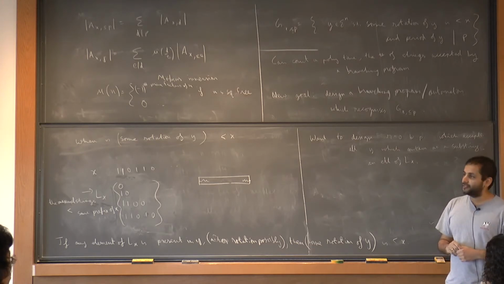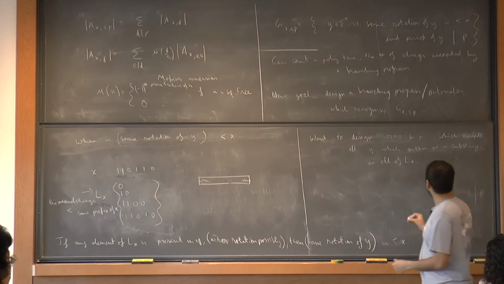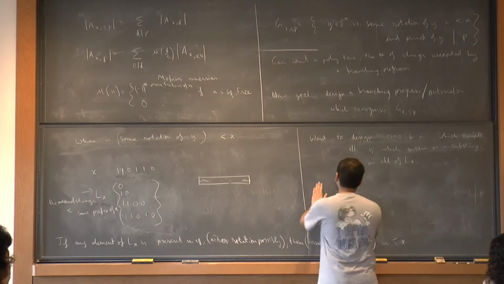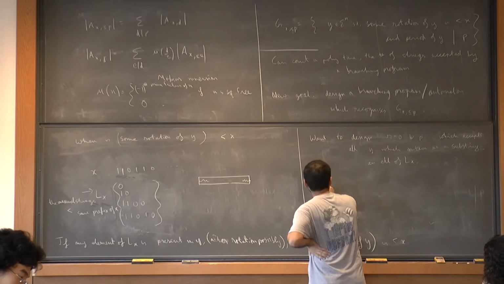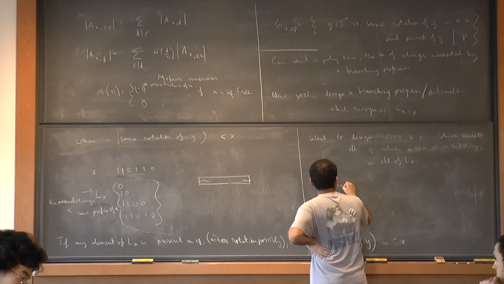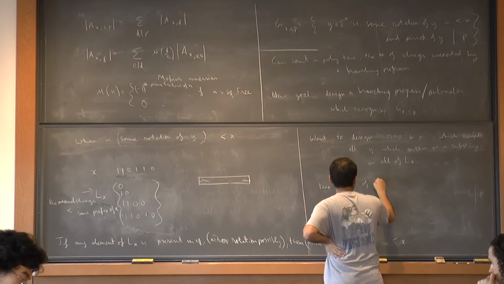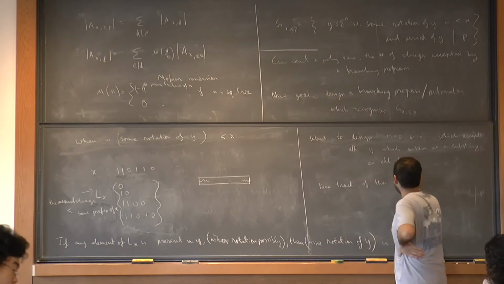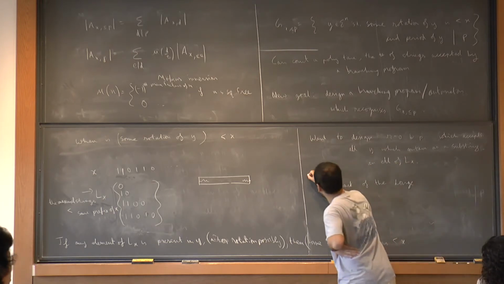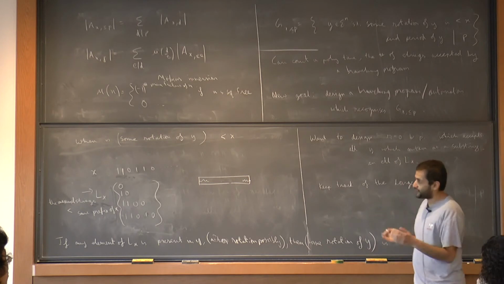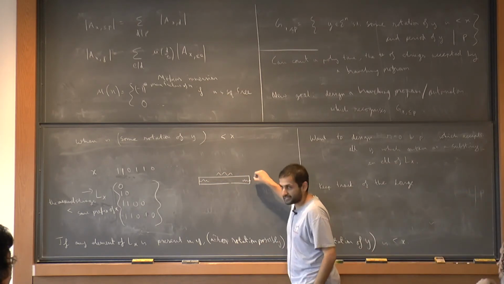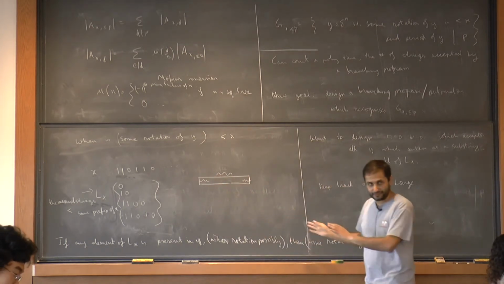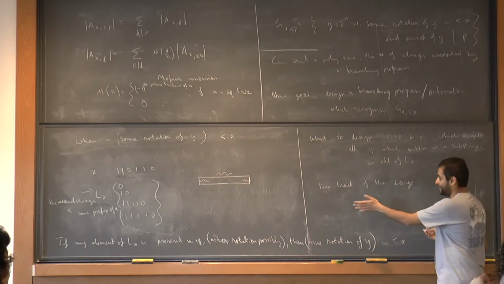Let me try to say it in one sentence. We'll do it in two parts. One is for contiguous substrings that occur like this, and then we'll also do it for wraparound substrings by a different branching program, and then you'll take the product of the two.